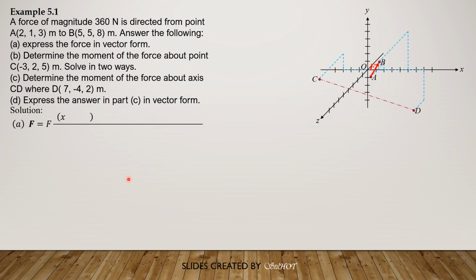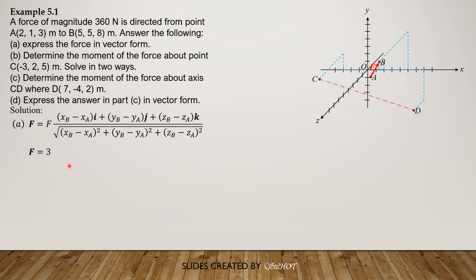So F therefore is the magnitude of F times the x component of distance i plus the y component of distance j plus the z component of distance k, divided by the distance, which is the square root of (xb minus xa) squared plus (yb minus ya) squared plus (zb minus za) squared.